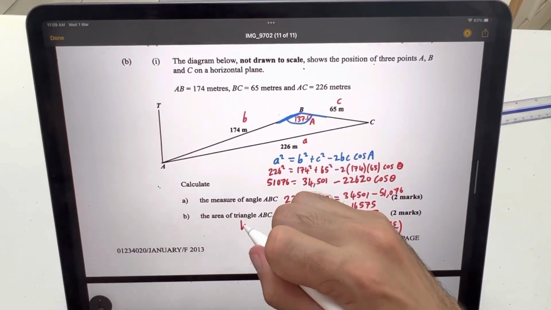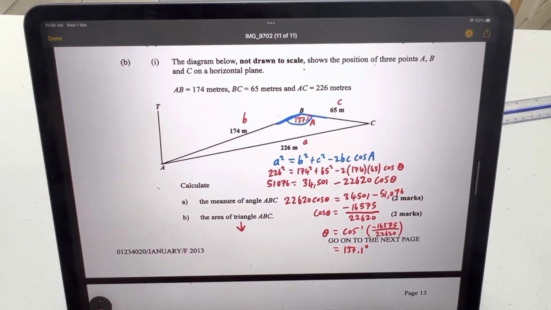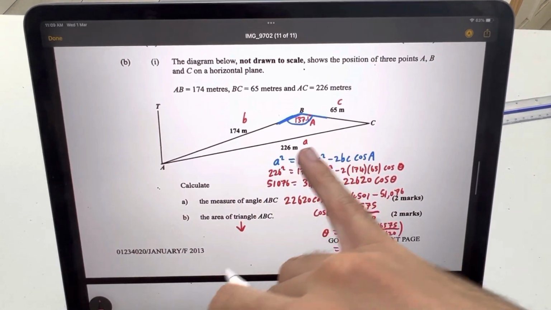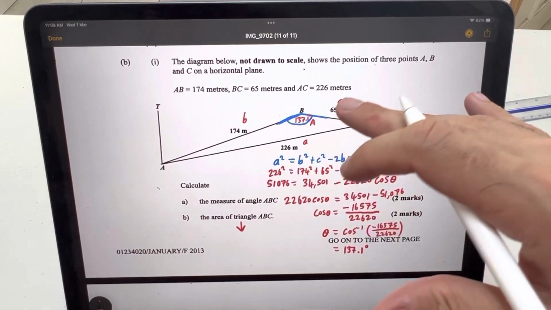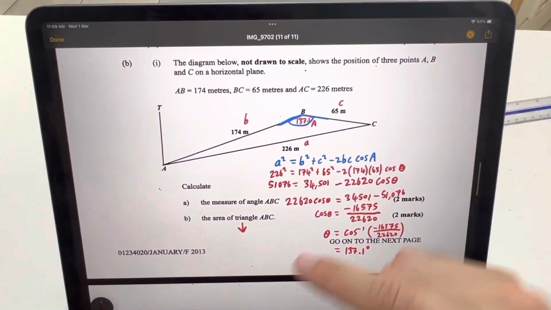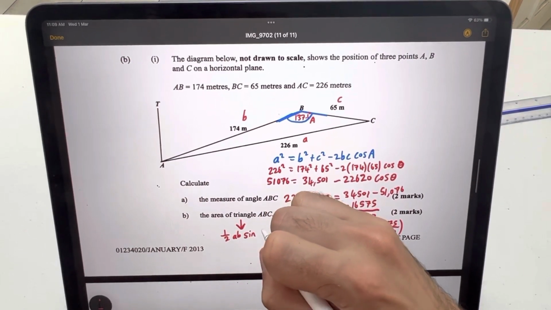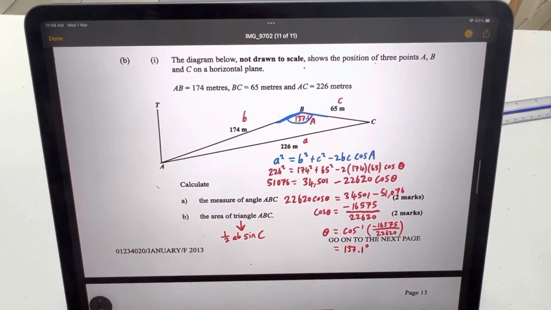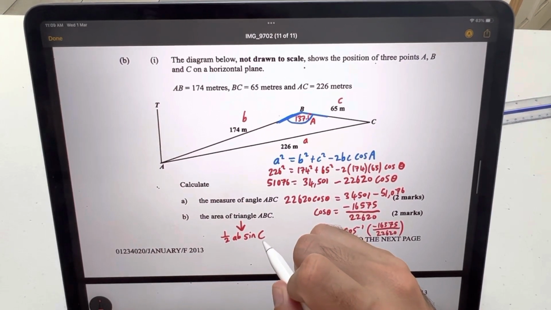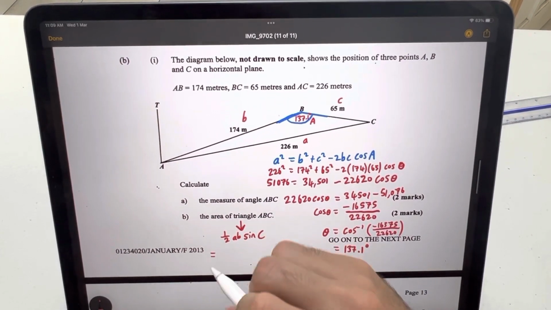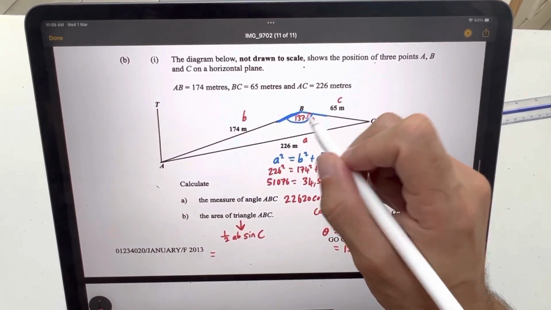And to find the area of a triangle, there is a shortcut formula if you don't know the base and the height, because this is not a triangle where it's easy to find the base and the height. We could use a half ab sine of angle C. And a and b are two sides, and angle C is the angle in between. So we just found the angle in between, and we have these two sides right here.